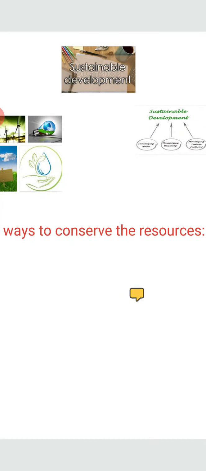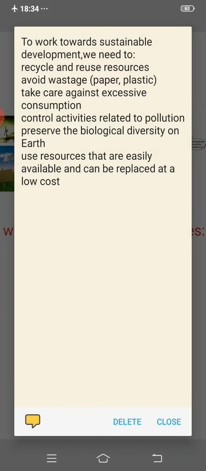Now we will discuss some more ways to conserve the natural resources. To work towards sustainable development, we need to recycle and reuse resources, avoid wastage such as paper and plastic, and take care against excessive consumption.